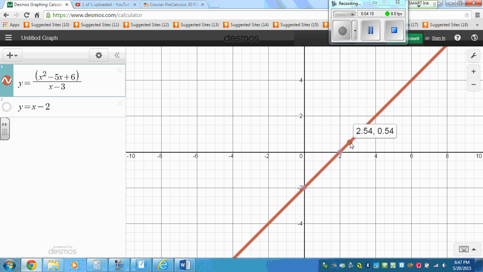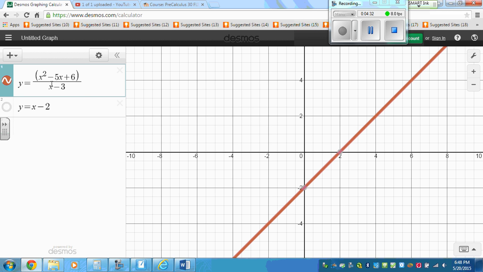So right here, we're getting close to 1, close to 1, close. Oh, undefined. And now Desmos won't hold that for me, but you can see how all of a sudden there is this circle because this graph is not defined when x equals 3.